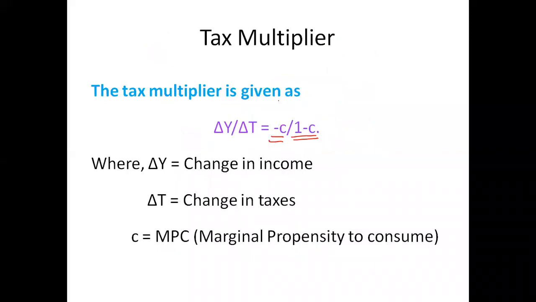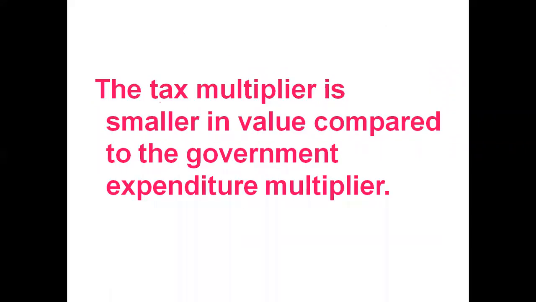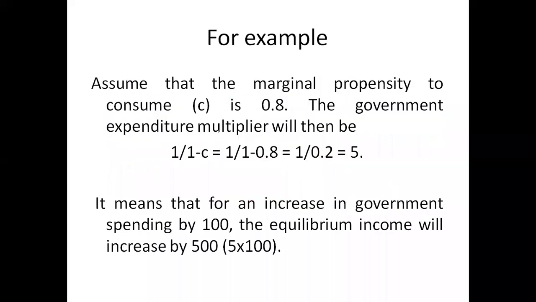Then we studied the tax multiplier, where the formula was minus c by 1 minus c, and the government expenditure multiplier, where the formula was 1 divided by 1 minus c. Then we studied that the tax multiplier is smaller in value compared to the government expenditure multiplier.